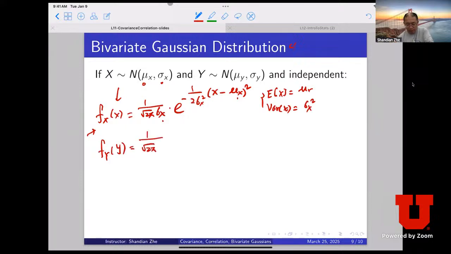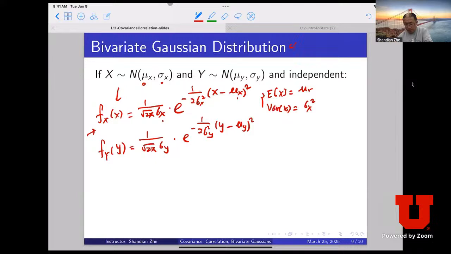Let me just write it out: 1 over square root 2 pi sigma y times exponential of minus 1 over 2 sigma y squared times y minus mu y squared. Any question at this point? We're just quickly recalling what we have discussed before.